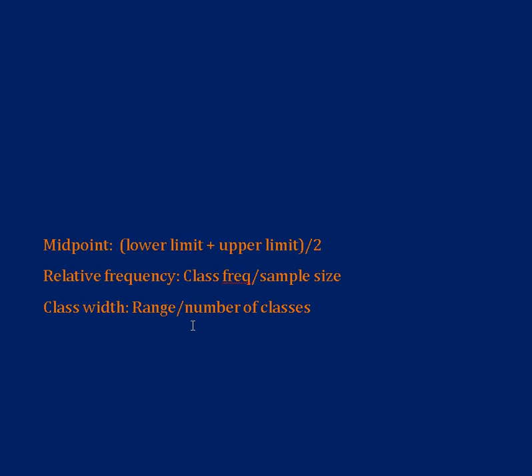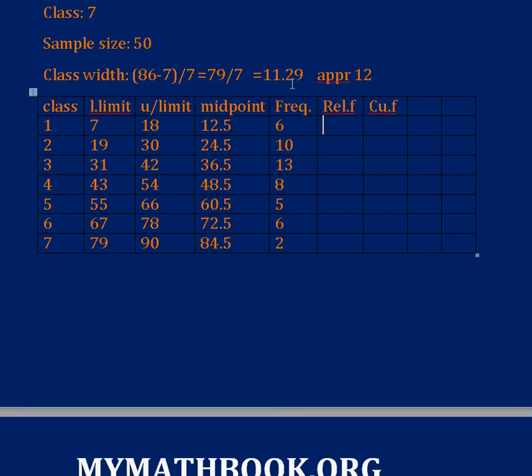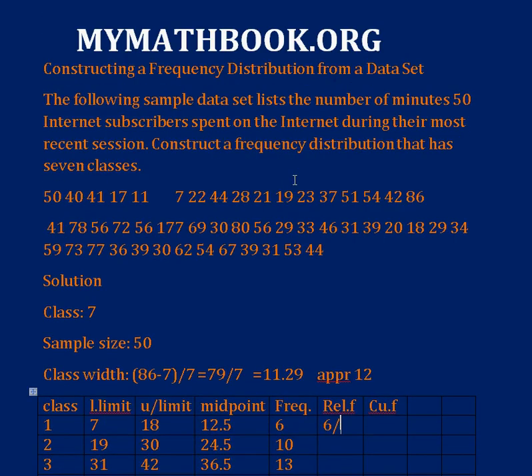Then you go to relative frequency. Relative frequency we define here as the class frequency over the sample size. So what is the class frequency here? 6. So you have 6 divided by the sample size. The sample size is given here as 50.